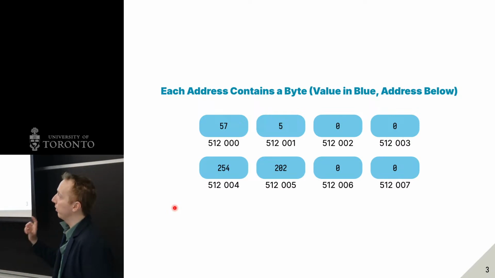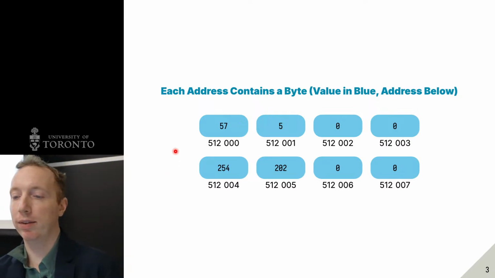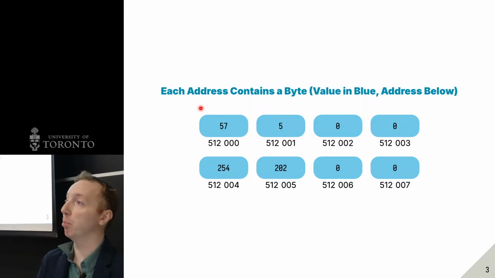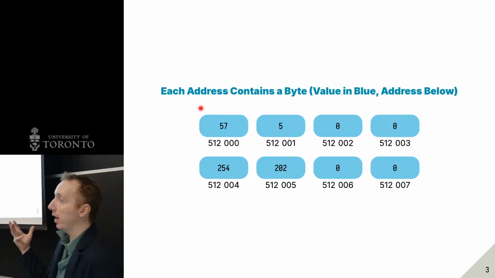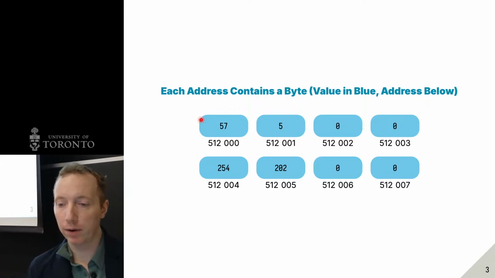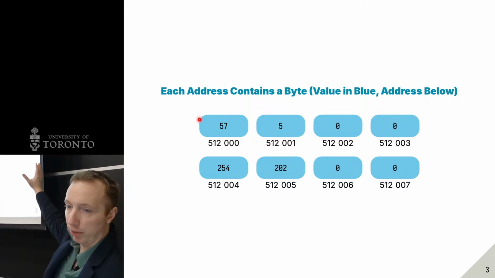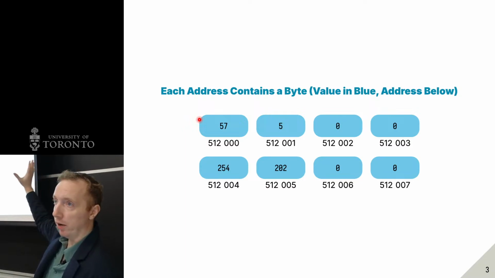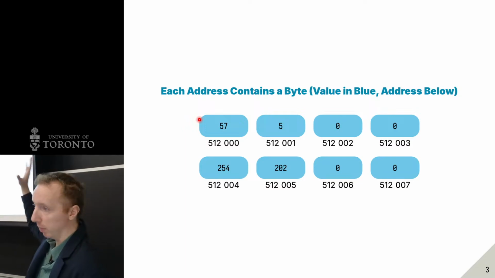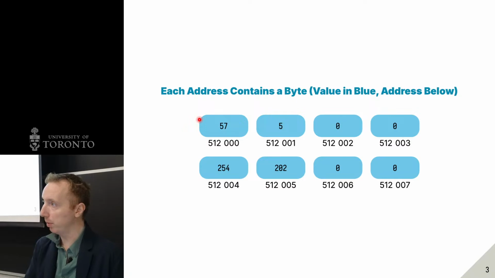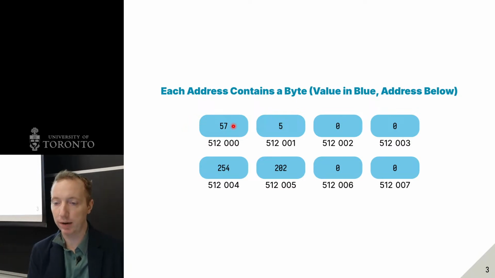So what this would look like is each address contains a byte, so some value 0 to 255. The actual value of each byte I'll represent with that light blue background, and that is the current value of that byte. So say we have 56, 5, 0, 0, something like that.